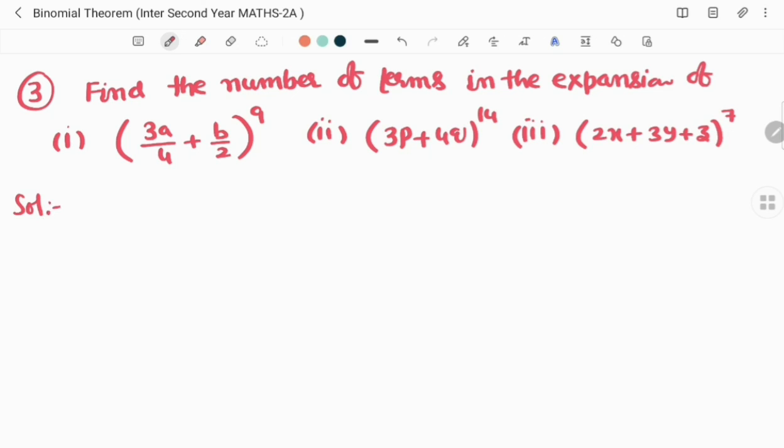The third one is very important for 2 marks. Come to the first question.